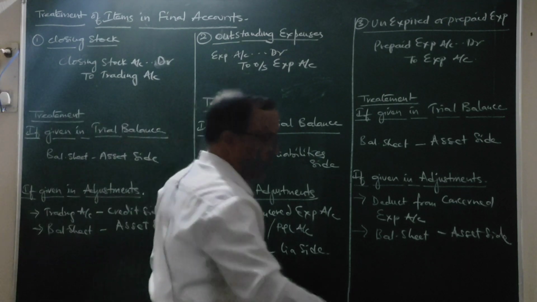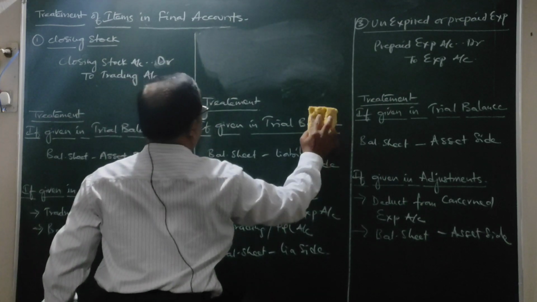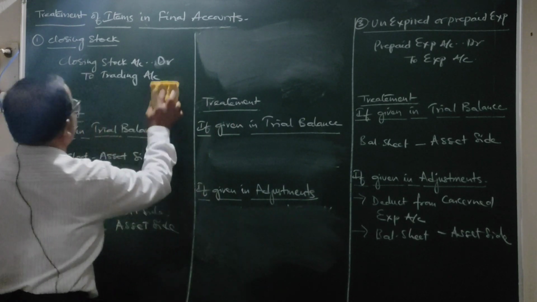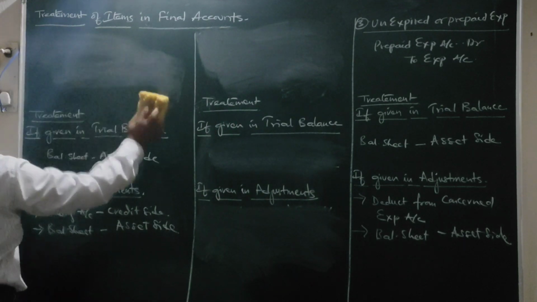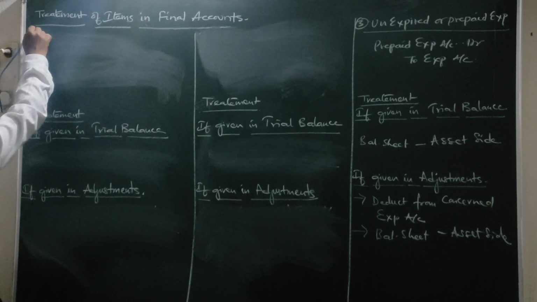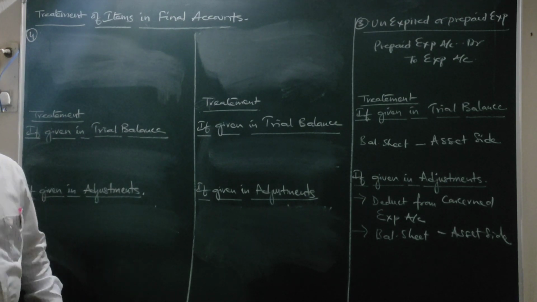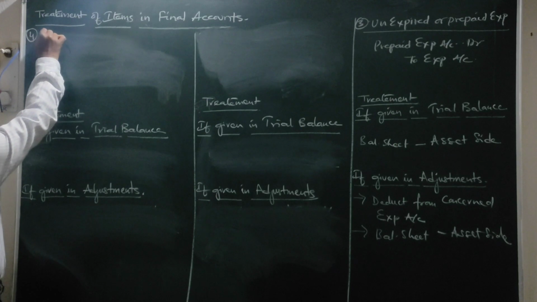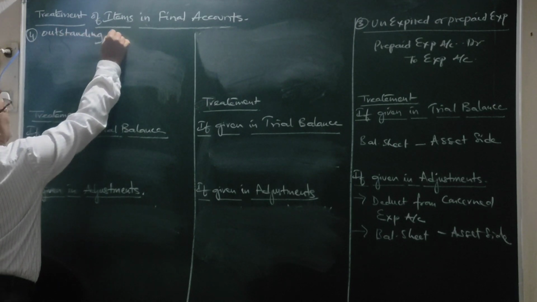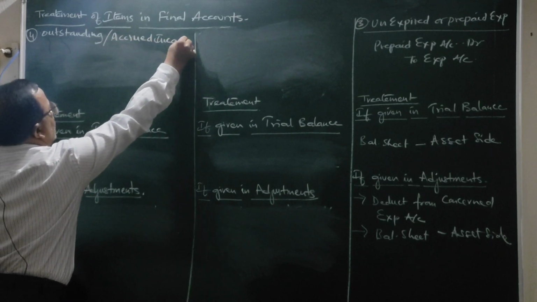Let's take the fourth one. The fourth adjustment relates to accrued income, outstanding or accrued income.